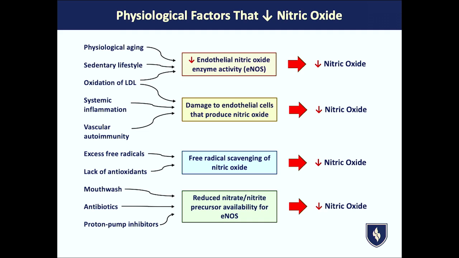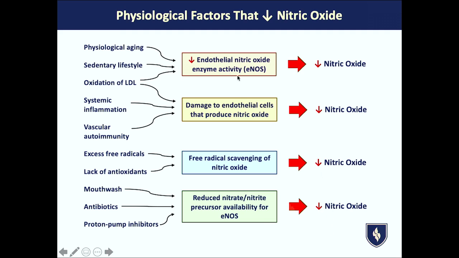So then the nitric oxide can't have its protective effects on surrounding tissues. So there's a direct effect on actual nitric oxide with free radicals, in addition to the injury to the vascular endothelium. And then things like mouthwash, heavy antibiotics, proton pump inhibitors, they reduce nitrate to nitrite precursor availability for the blood vessels to use to make nitric oxide, so the nitric oxide levels go down.